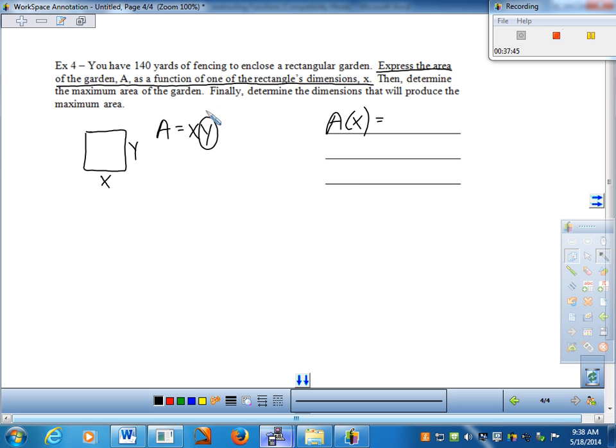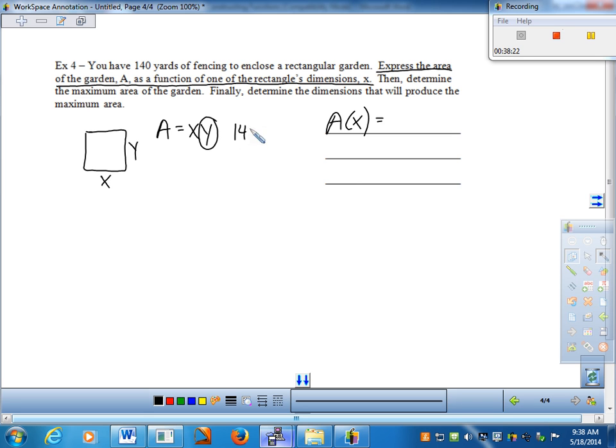Okay, guys. Well, if we need to replace that y right there, then I need to solve for y in another equation. So let's go back to the problem and see if we can come up with a secondary equation. So we're going to optimize the area. So what's the quantity here that's going to be fixed? In this case, I guess it's the full perimeter around, 140 yards of the fencing.